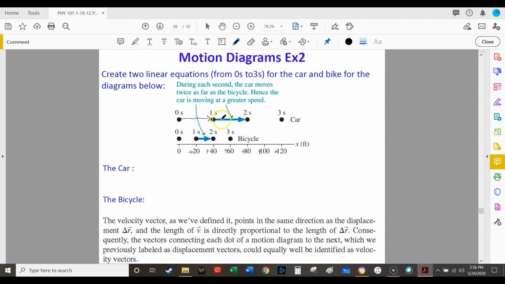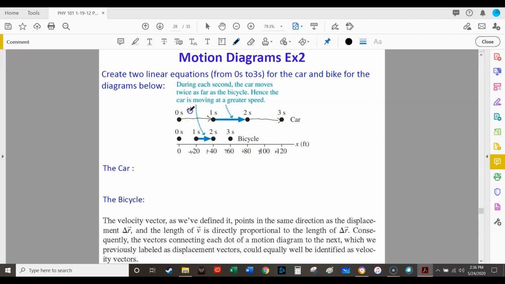The car seems to be moving to the right at the same increments, right? It moves 40 meters in 1 second, and then from 1 second to the 2-second mark, it moves another 40 meters. And from 2 seconds to 3 seconds, it moves another 40 meters.